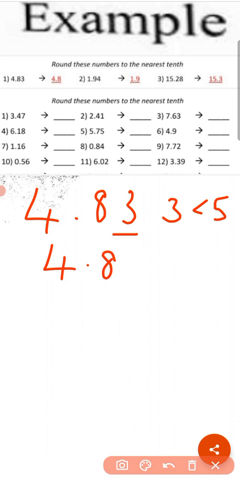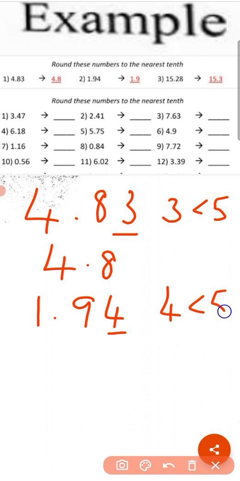If the 100th place is less than 5, remove that digit and write the other places. So 4.8 is our answer. Next, 1.94. The digit at the 100th place is 4, which is less than 5. So remove that digit. So our answer is 1.9.